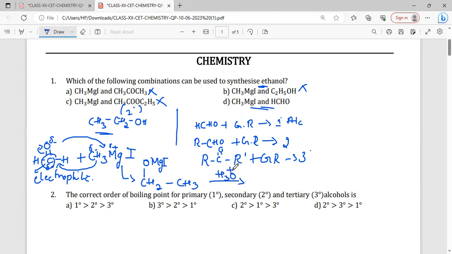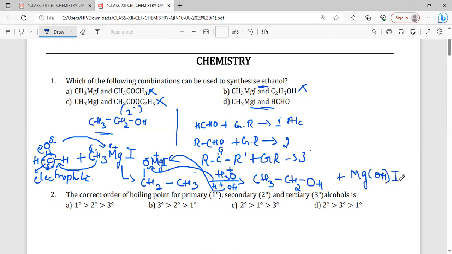Upon hydrolysis we will get CH3CH2OH. We can take H plus and OH minus from the hydrolysis, and this H plus will attack this electronegative oxygen, and OH minus will attack the magnesium, and we will get this byproduct as well. Now I got ethanol from formaldehyde and methyl magnesium iodide. So this has to be your answer.